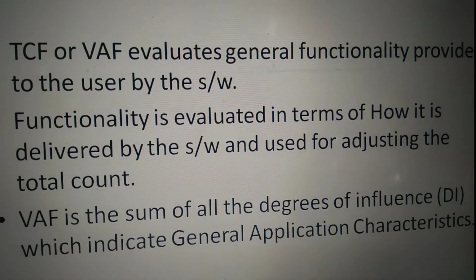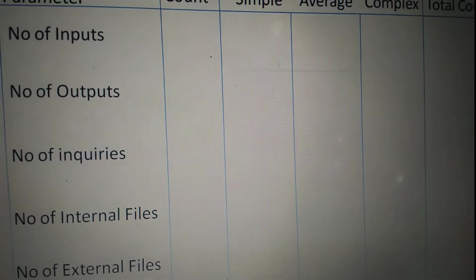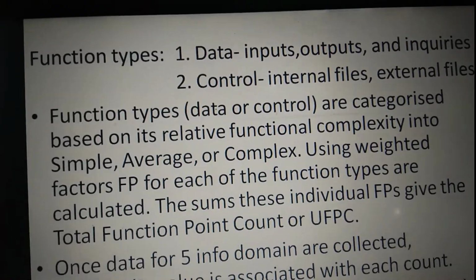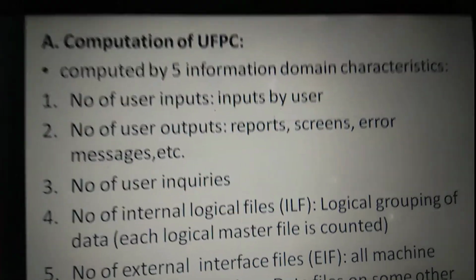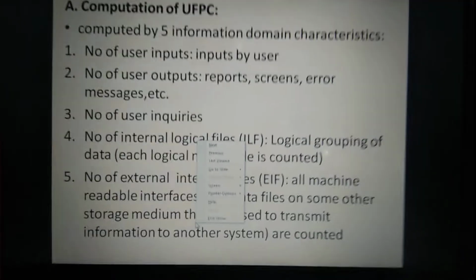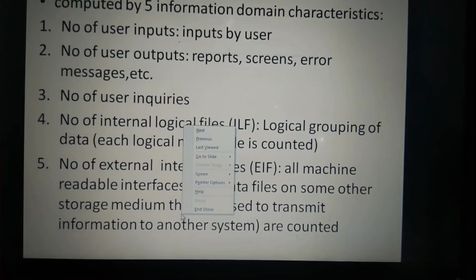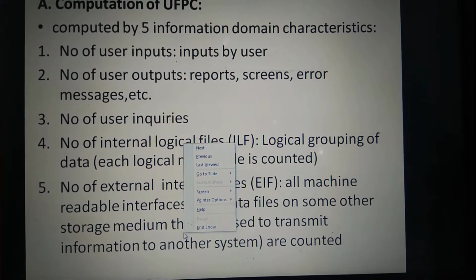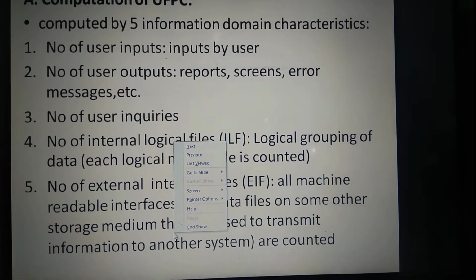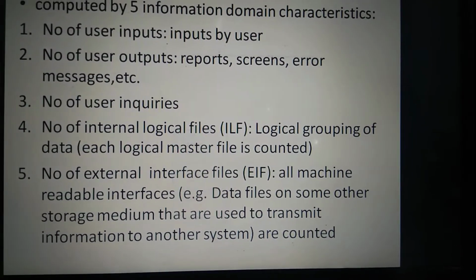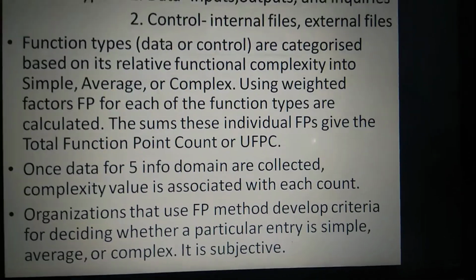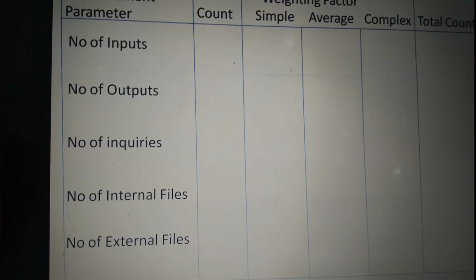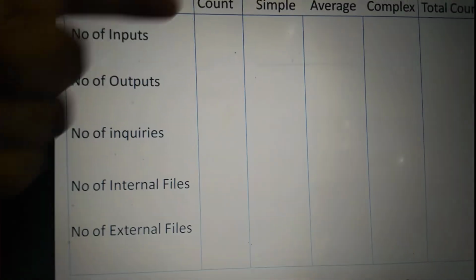So in this metric, I'm just revising. We compute two things. One is UFPC, computation of UFPC, unadjusted function point count. Here we have taken 5 information domain characteristics: number of user inputs, number of user outputs, number of user inquiries, number of internal logical files, ILF, number of external files, and the counts are written here.